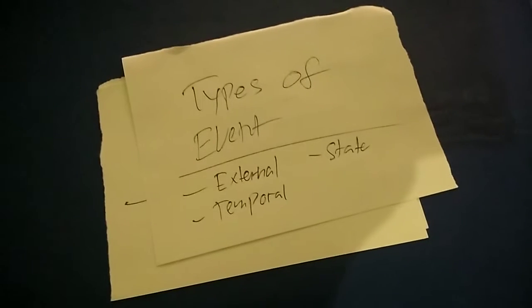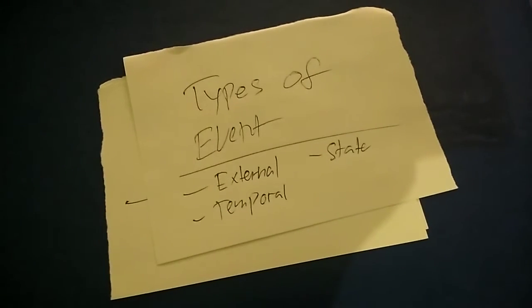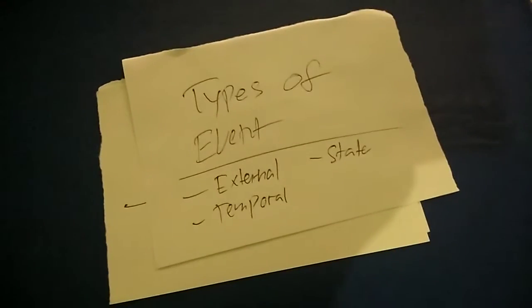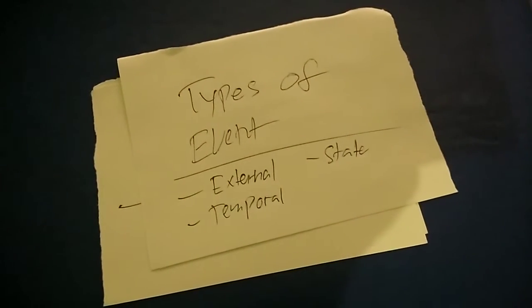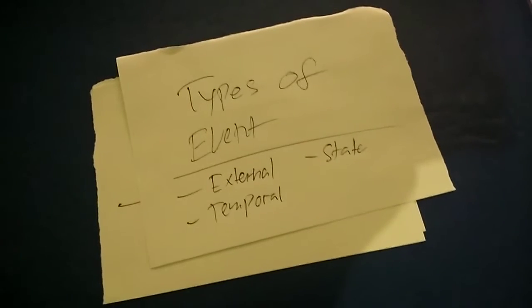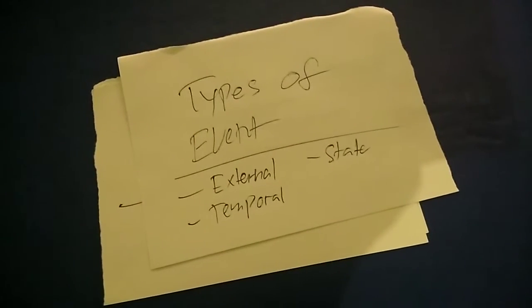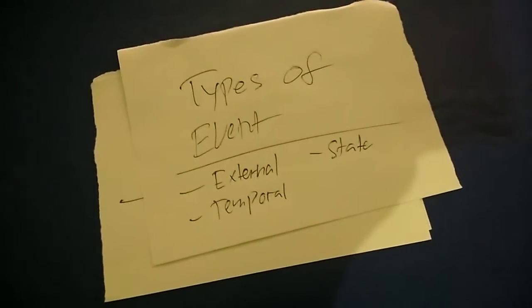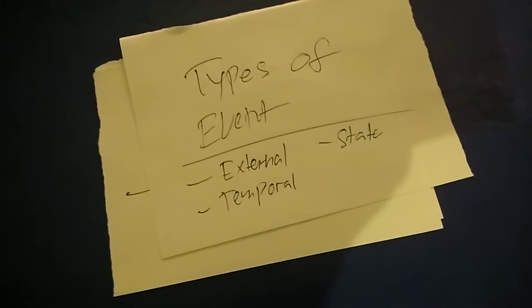A temporal event occurs as a result of reaching a point in time. A state event occurs when something happens inside the system that triggers some process, for example, the reorder point is reached for an inventory item.